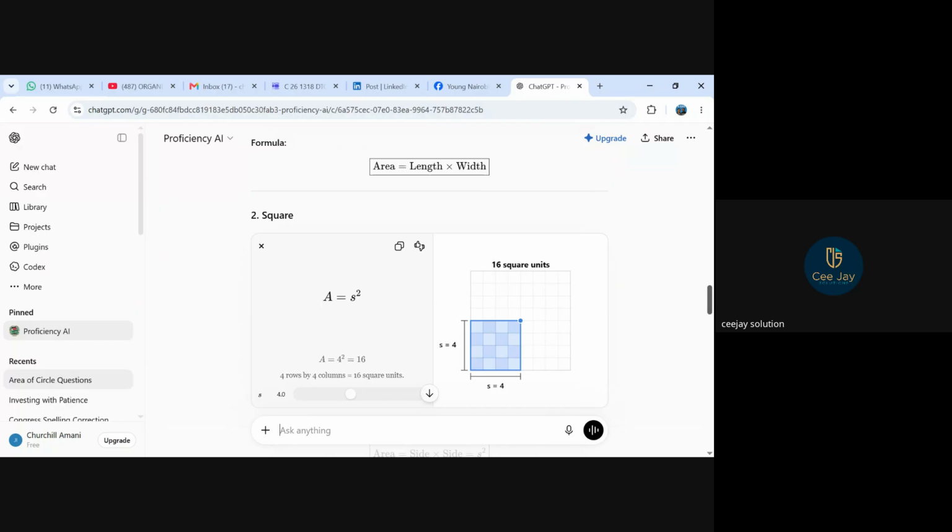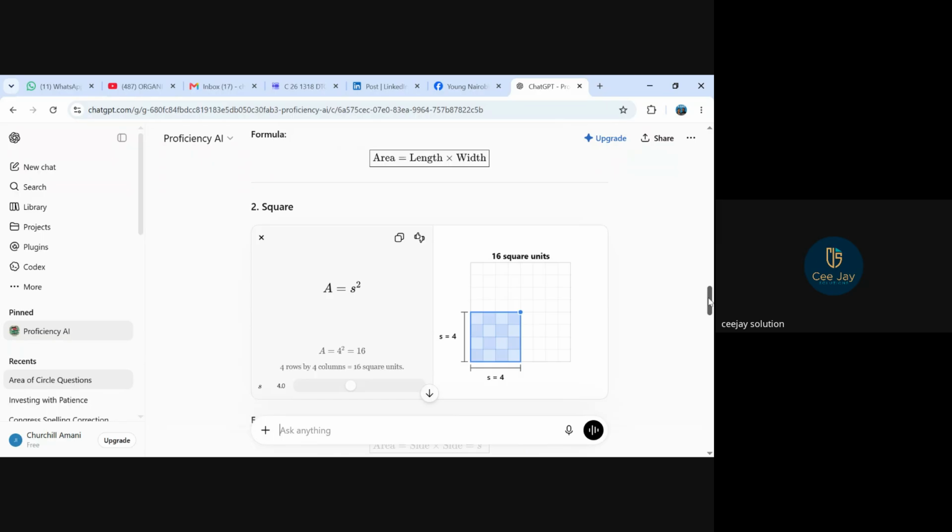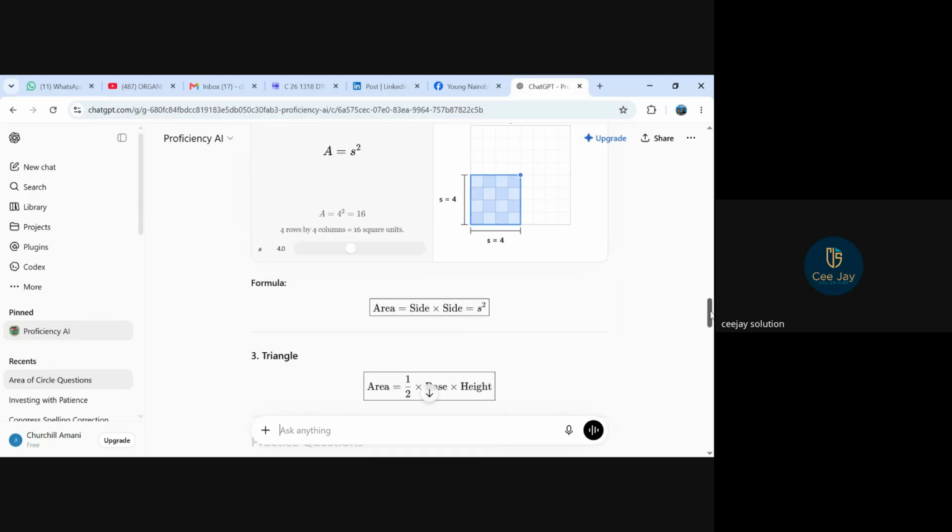Then for area of a square, we said is side times side, or side square, or length times length, or length squared. So the side or the length is 4 centimeters. So when you multiply 4 times 4, we get our answer to be 16 centimeters squared.